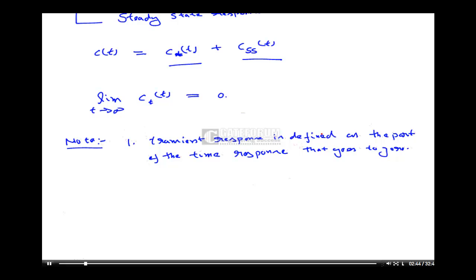It becomes 0 after a large time interval. This large time interval depends on the time constant. Depending on the time constant, after 5 time constants, 6 time constants, or 10 time constants, it will achieve a steady state response approximately.